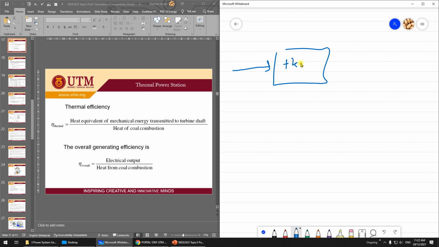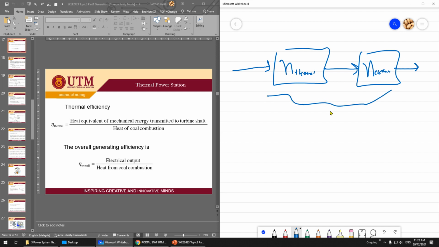This is the symbol of efficiency, something like an N. So thermal, and then electrical, and then you have the overall efficiency.